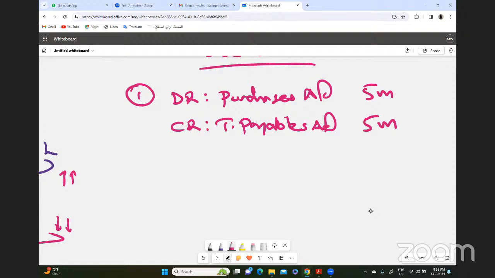What is 2% of 5 million? That is 100,000. So we shall pay 4.9 million in full settlement.